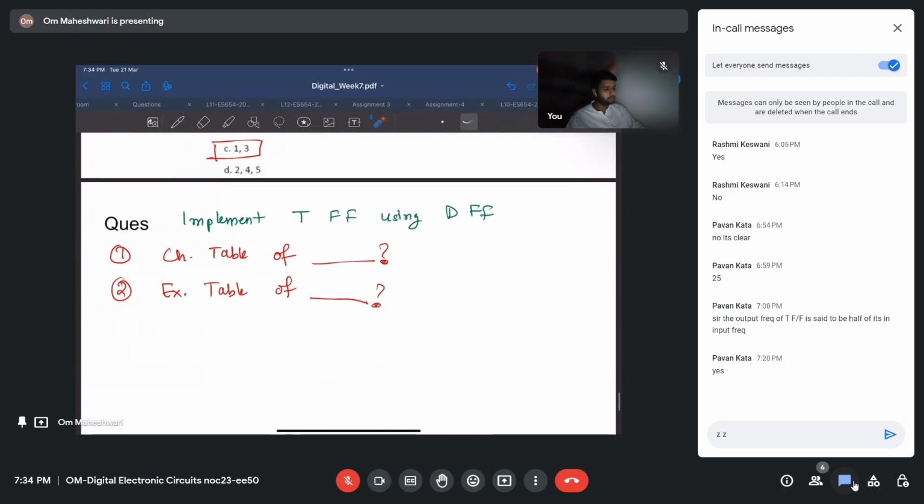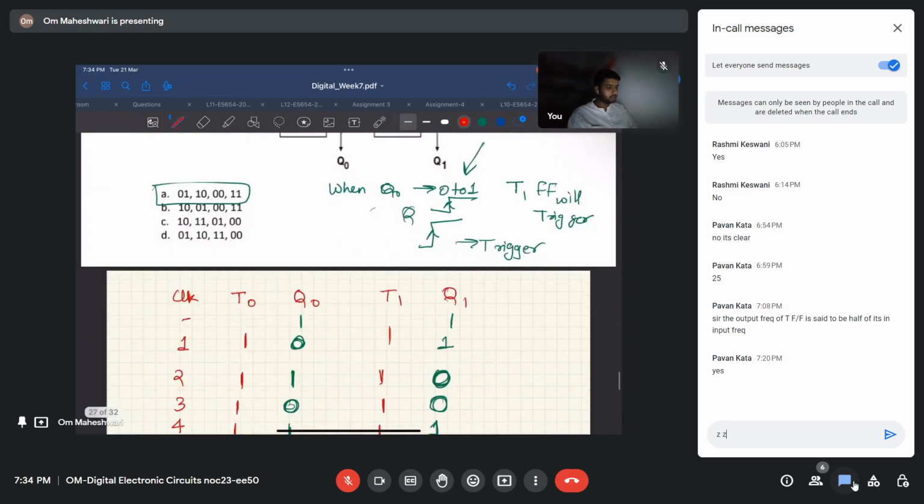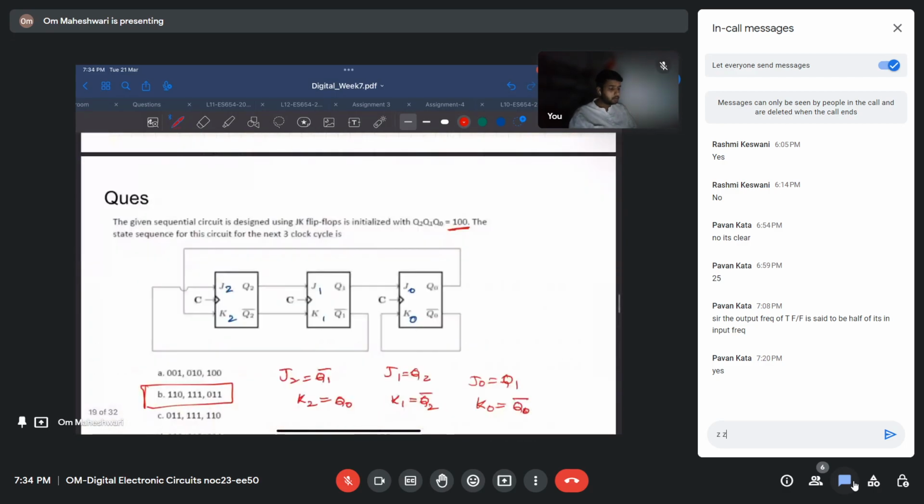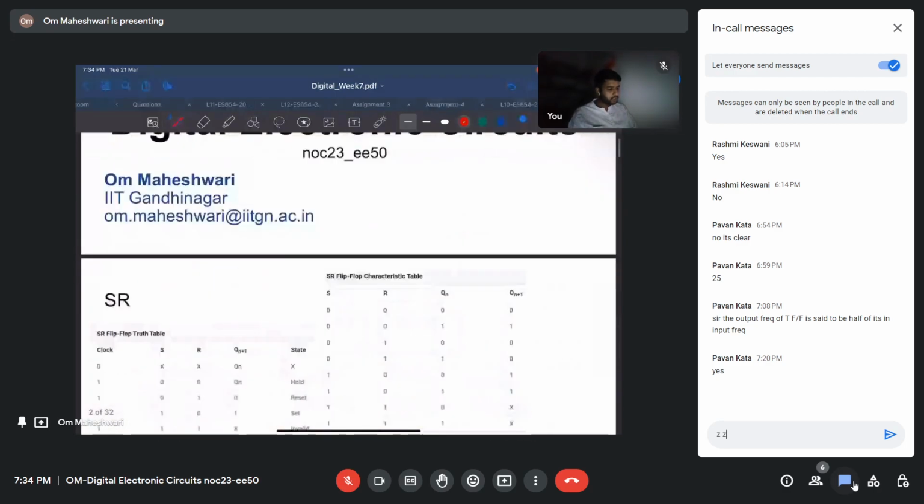Okay, so we need the characteristic table of what we want. We want T flip-flop, and the excitation table of what we already have, that is D flip-flop. So let me copy these two tables. I have them at the start of this presentation.